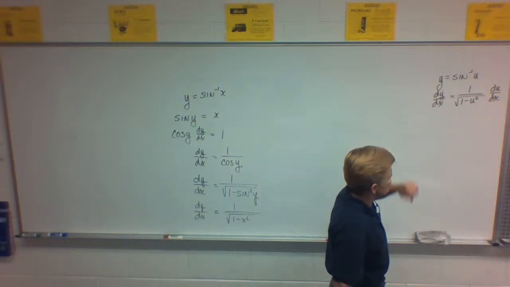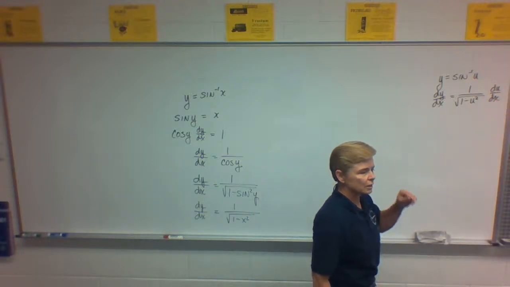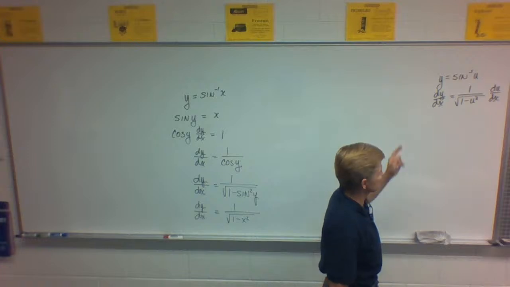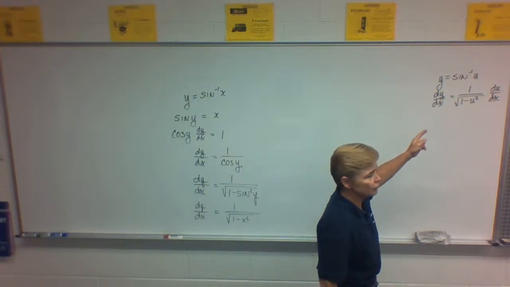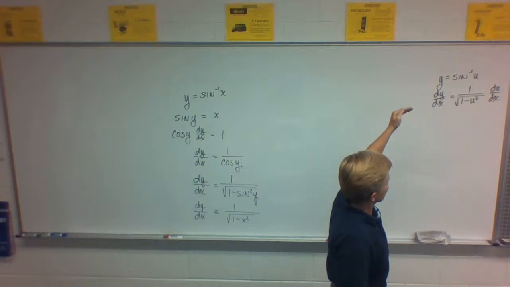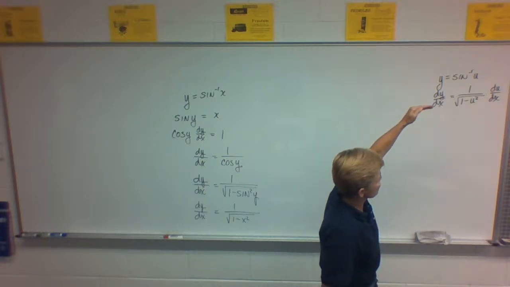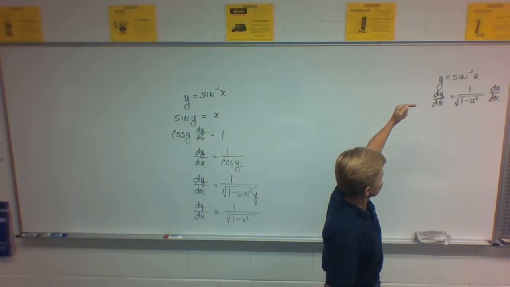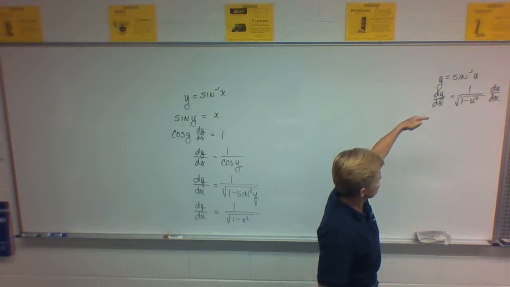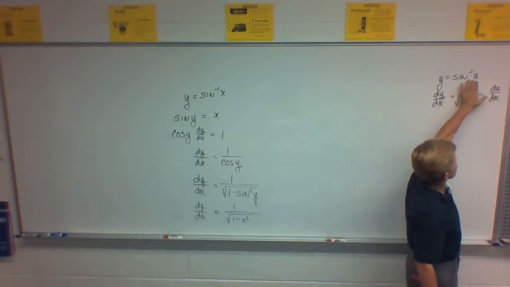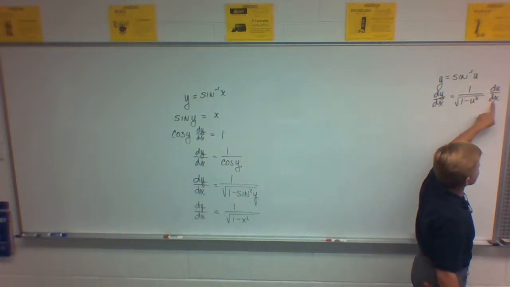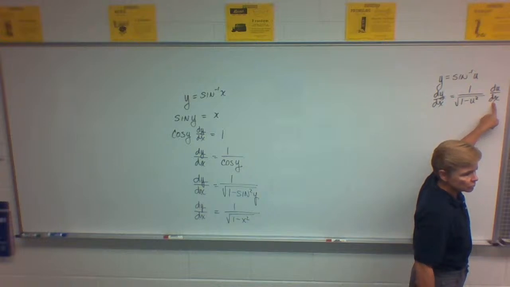If that notation doesn't mean anything to you, it will in the first example. This is what you should write down: if y is equal to the inverse sine of some function of x, then the derivative is going to be 1 over the square root of 1 minus whatever this thing is squared, times the derivative of that thing, because of the chain rule.